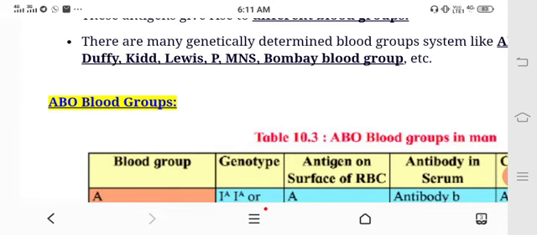These antigens are present on the human RBCs, red blood cells, and these antigens give rise to different blood groups. So many genetically determined blood group systems like ABO system, RH system, Kidd, Lewis, MNS. So all these are the different blood group systems.